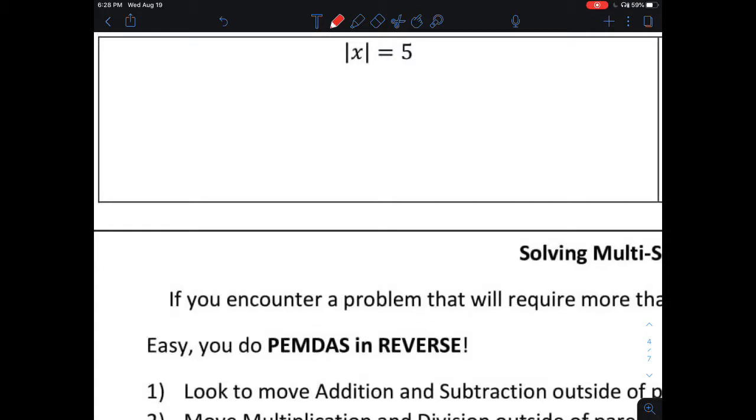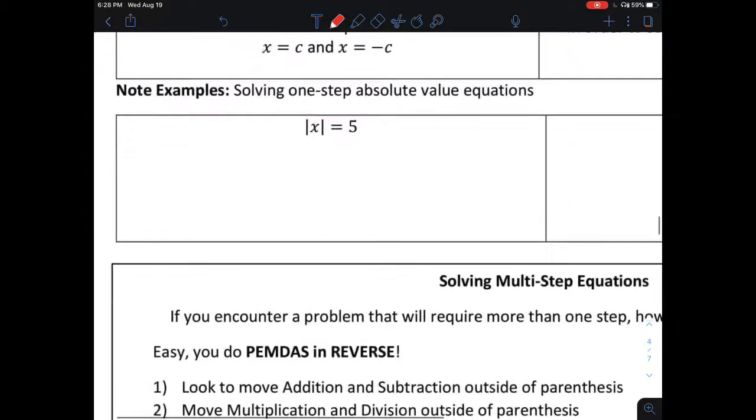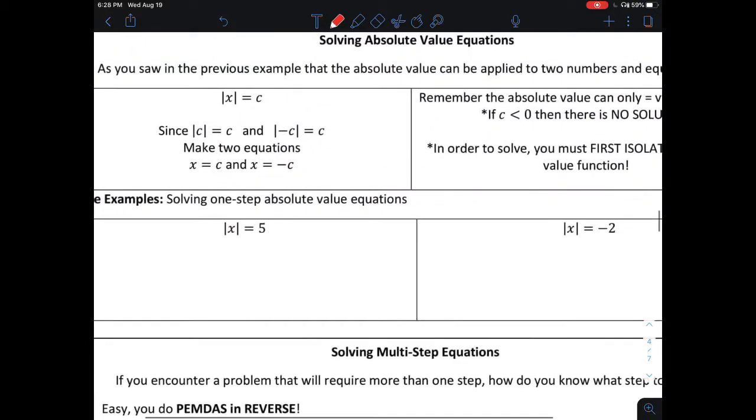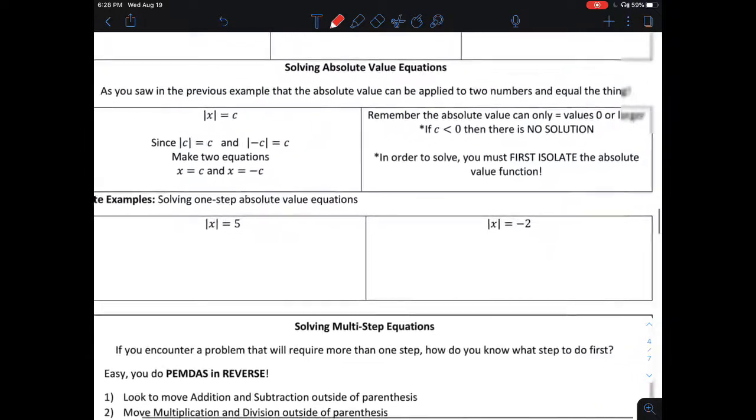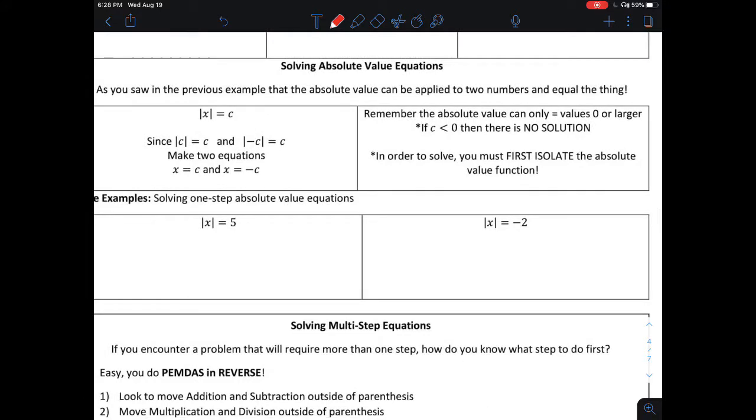Now, if I'm looking at this first problem here, the absolute value of x is equal to 5. And I want to solve for x. Now, there is something important to note before you even start these kinds of problems. And the thing that's important to note is that the smallest number that the absolute value can output is 0.